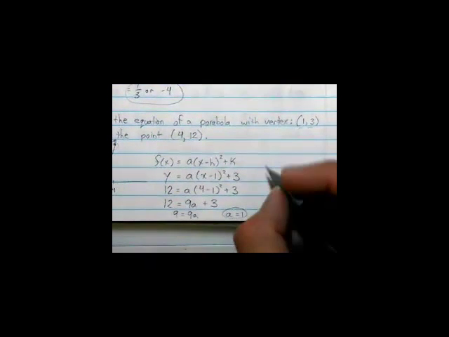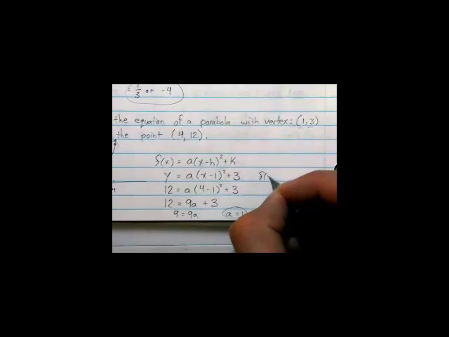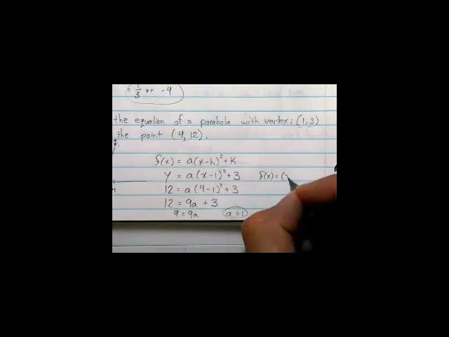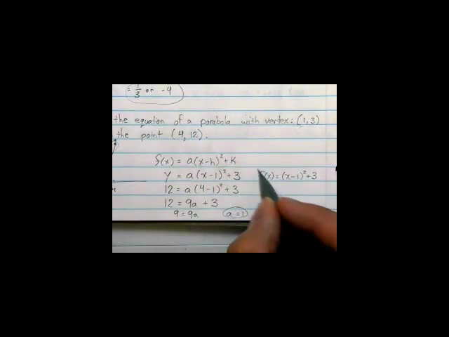Did some quick algebra there. And so then my equation, I can leave it in vertex form because it didn't tell me which form it wanted it in. A is just 1, so it's just going to be x minus 1 squared plus 3.